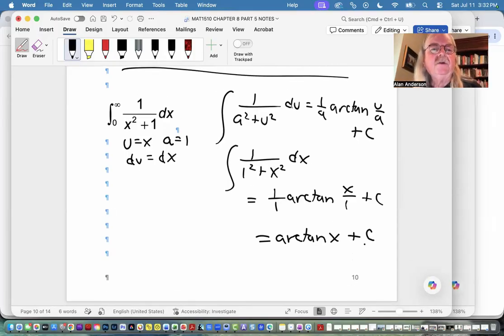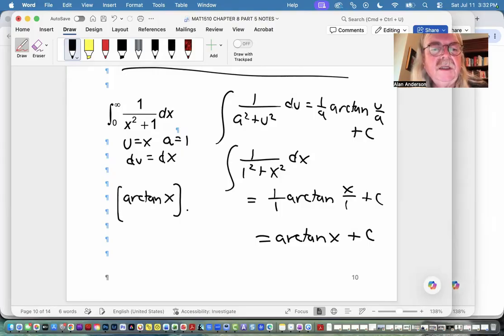Okay, so now of course we're doing it though with an infinite limit of integration. So of course, when we do this, we're going to wind up evaluating this between 0 and infinity.